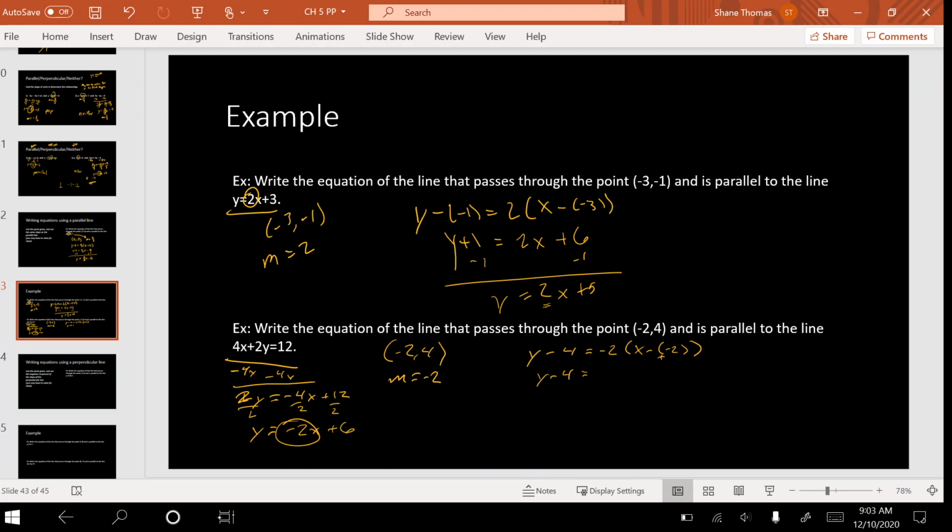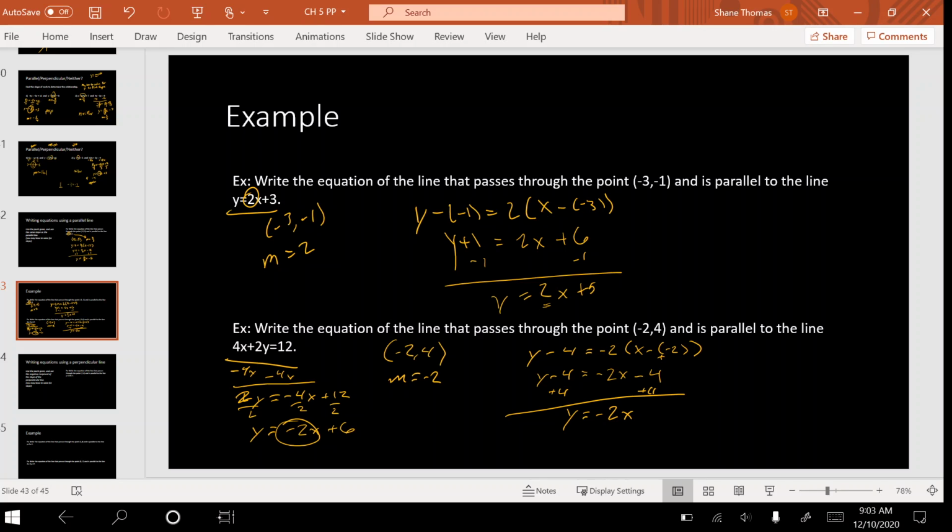So it would be -2x minus 4. All right, last step, then you got to move the other 4 over, plus 4, and then that would just be y equals -2x. Yep, y equals -2x. I just don't have a y-intercept, do I? Okay, am I good? Any questions there?